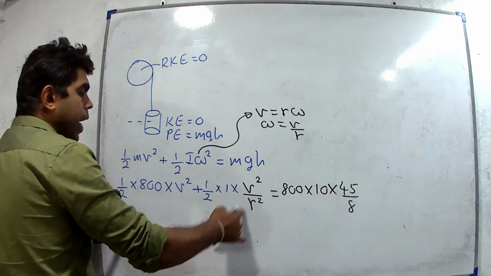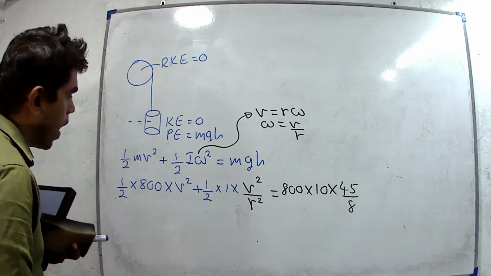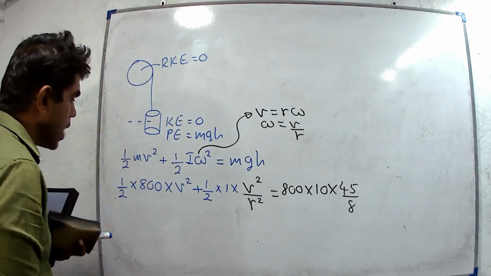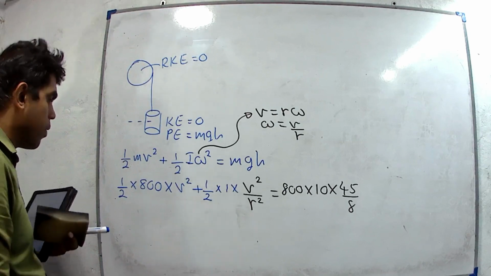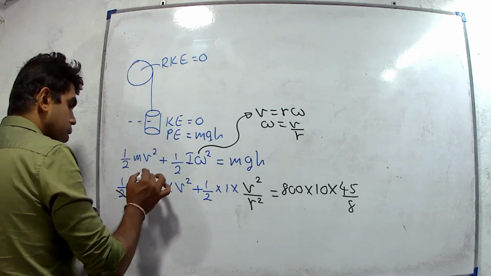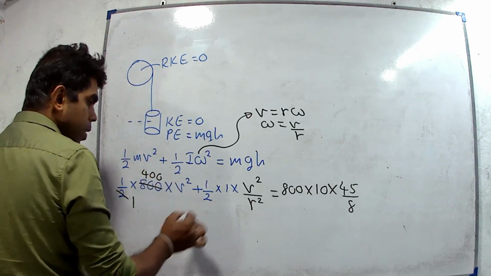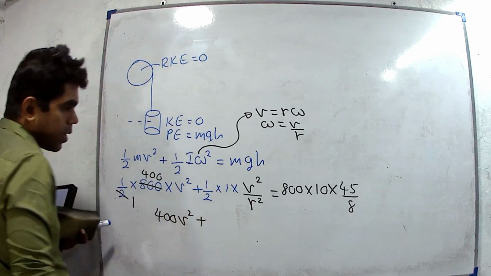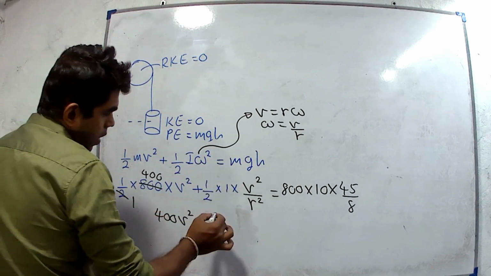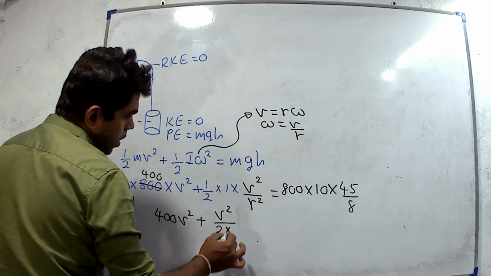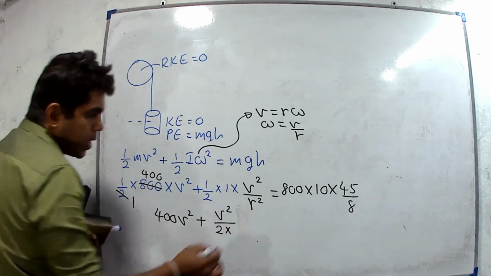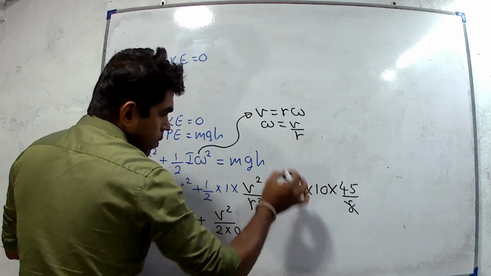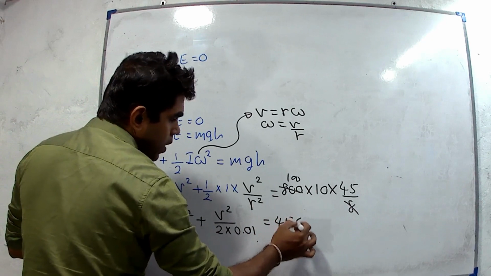Now we can substitute the radius 0.1 meters, the radius of the pulley, and we can simplify to get the value of V. Divide by 2, 1, 400 V squared plus V squared divided by 2 times radius 0.1 meters squared, 0.01, equals 45 into 10 to the power 3, 45,000.